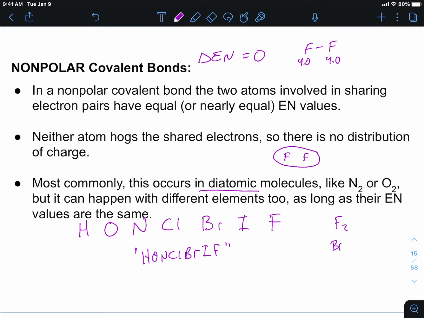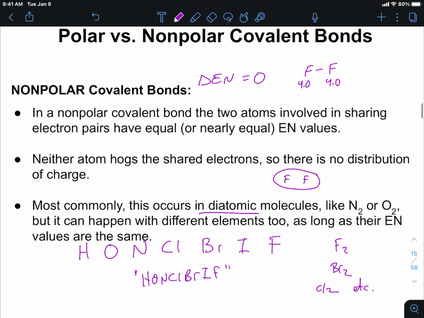F2, Br2, Cl2, etc. Okay, so the key aspect of nonpolar covalent bonds, equal electron sharing. That is the key feature. It's a tug of war between two evenly matched opponents.